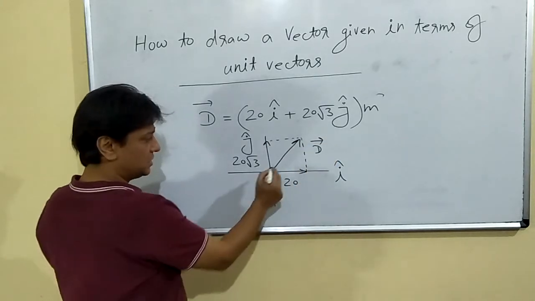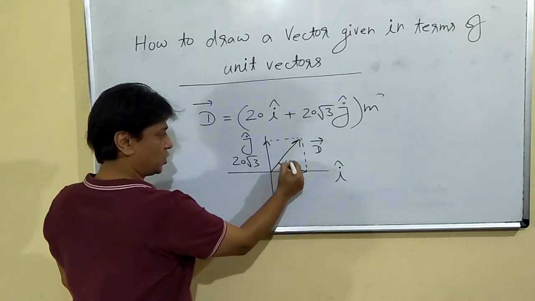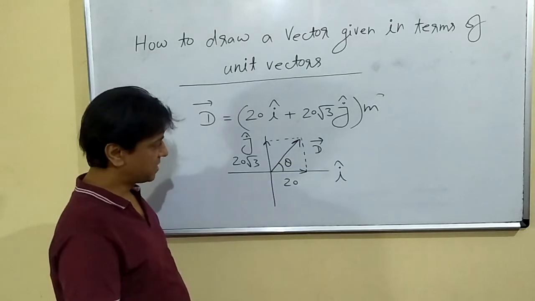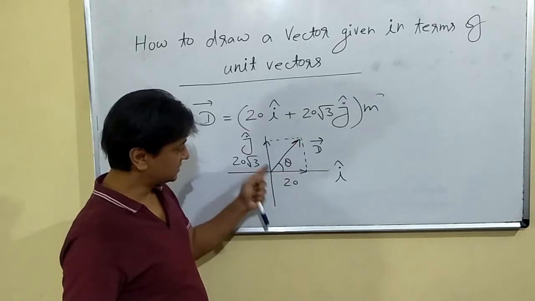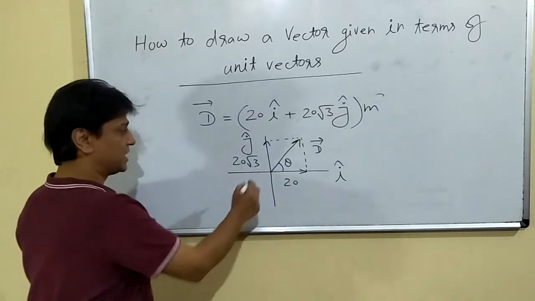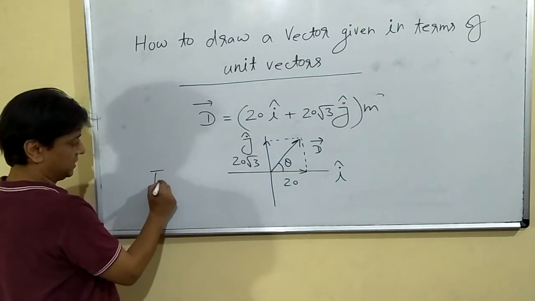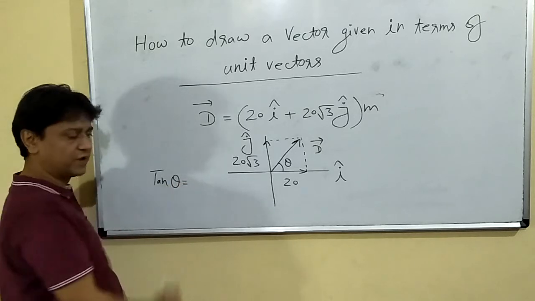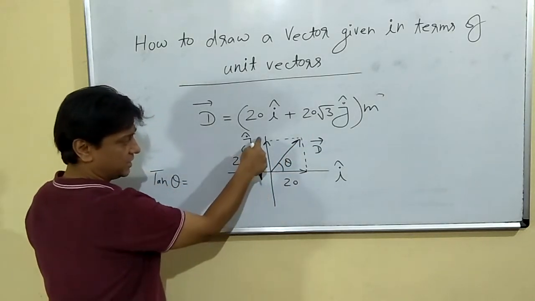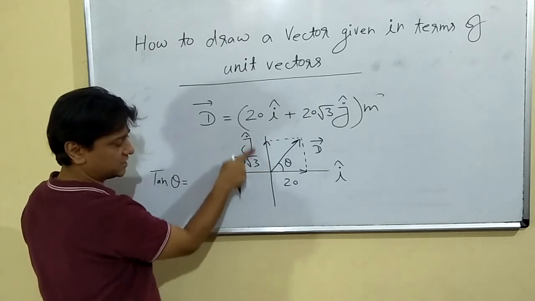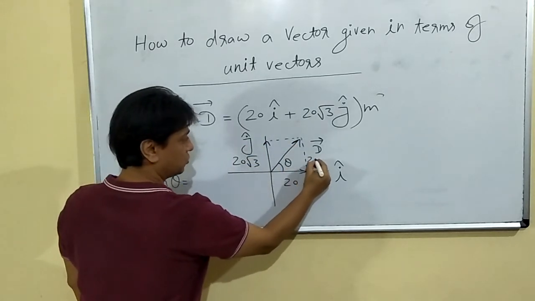Now, this angle is theta. Our aim is to find the length of this arrow as well as this theta. You can see theta easily. Tan of theta is perpendicular upon base. If this is 20 root 3, then this length is also 20 root 3.